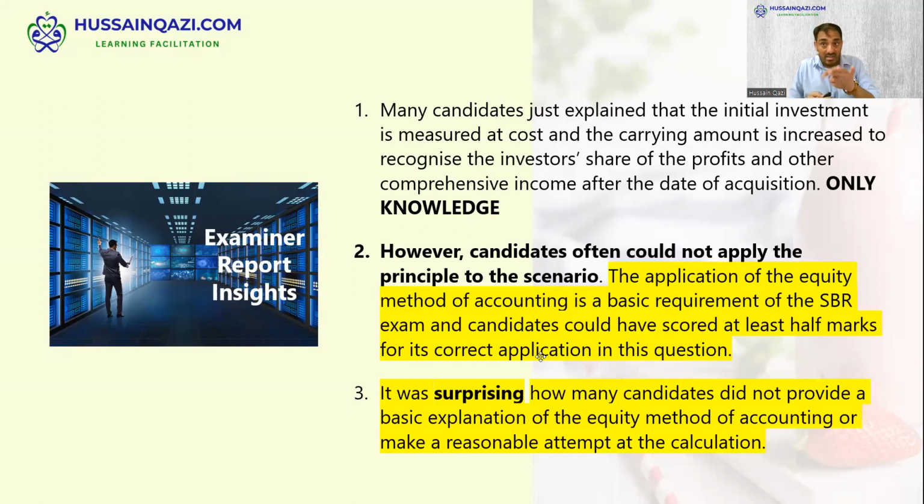I must say this is F7 knowledge. No tolerance. The examiner says zero tolerance. If you demonstrate a lack of knowledge of the F7 syllabus, it's very difficult that you will be able to qualify in the exam.